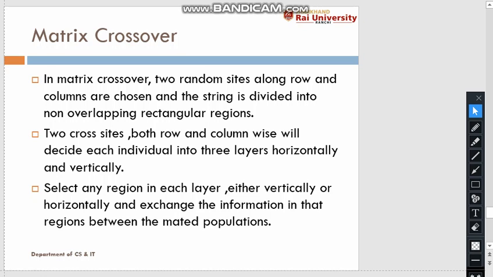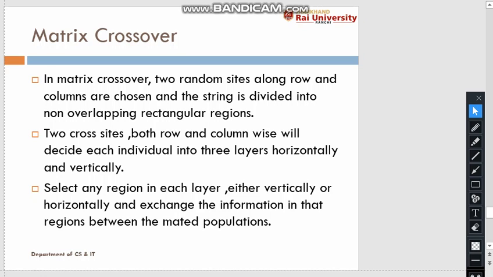We have to select the two cross sites along the row and the column, and the string is divided into non-overlapping rectangular regions. Now the two cross sites, both row and column wise, will divide each individual into three layers which will be arranged horizontally and vertically.